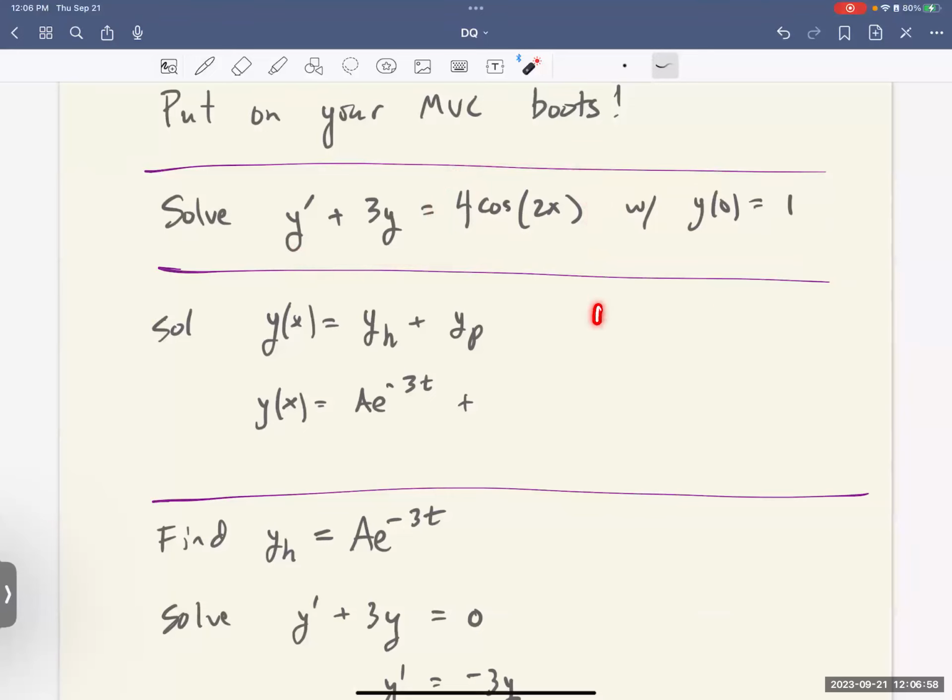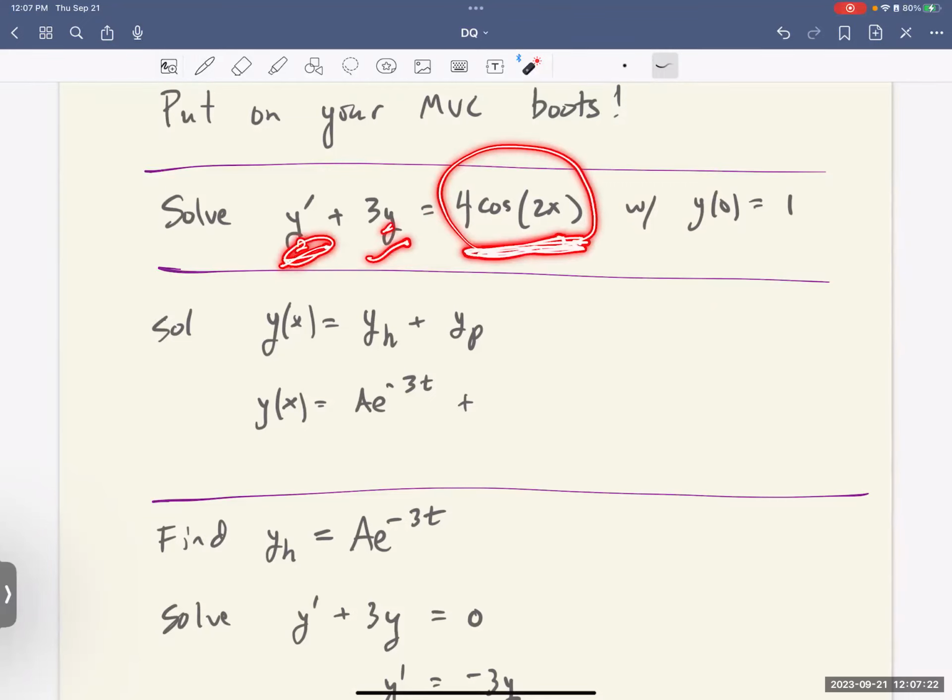The answer is no. Like, could y be 7? No, because you'd put it here, that would be 0. This would be 21, and 21 is not equal to 4 cosine 2x. Y could not be exponential because you'd have exponential plus 3 times that exponential. That's also not trig. You need your particular guess, a solution for y, to have this form to it.